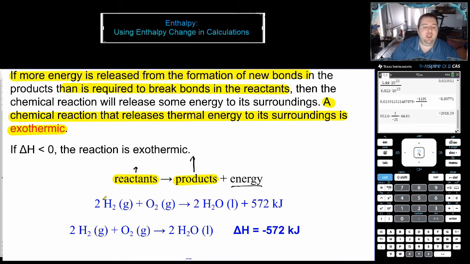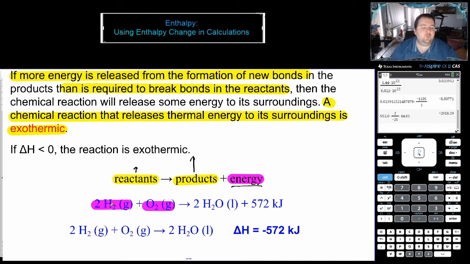When you're looking at a reaction, if you see energy on the right-hand side, it's an exothermic reaction. This energy is going to the surroundings. It's being released. And so we have an example of that here. If you have two molecules of hydrogen gas and two molecules of oxygen gas, those bonds are going to have to be broken, right?